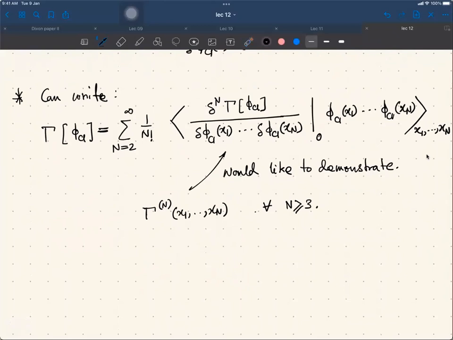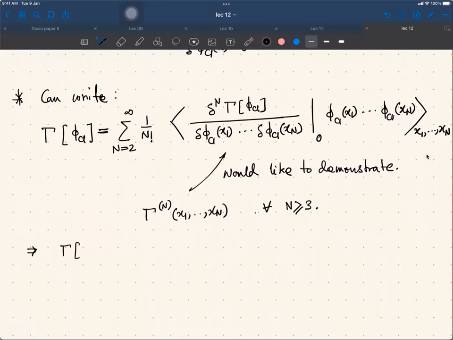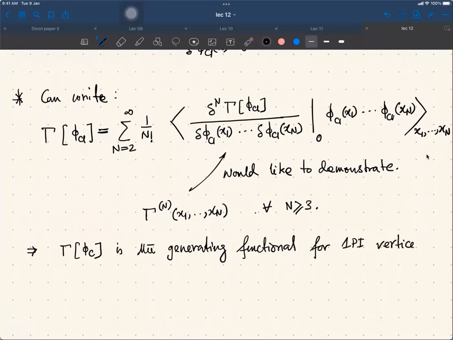Therefore one concludes that Γ[φ_CL] is the generating functional for 1PI vertices, because of this particular form here.